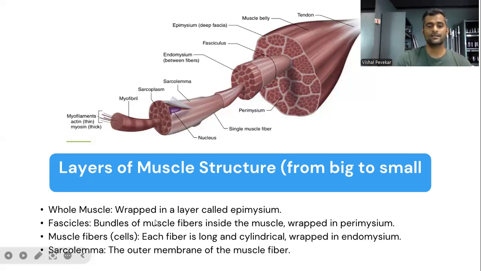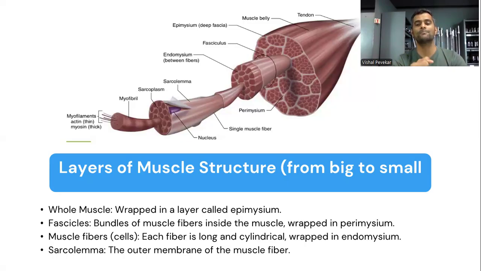So a fascicle is nothing but muscle fibers wrapped in a bundle, and this fascicle also is wrapped in a layer, and this layer is called perimysium, which you can see here.